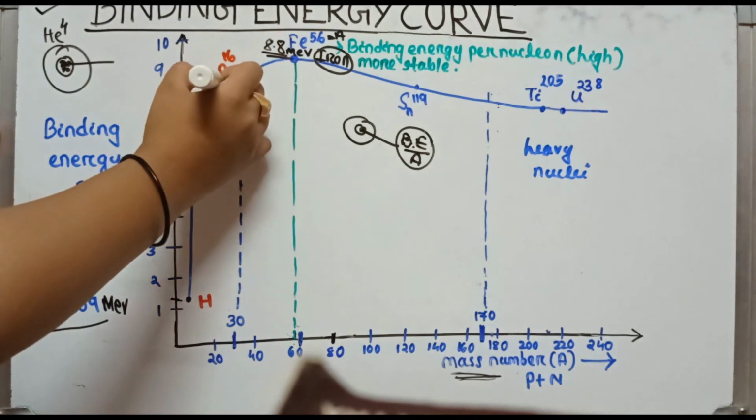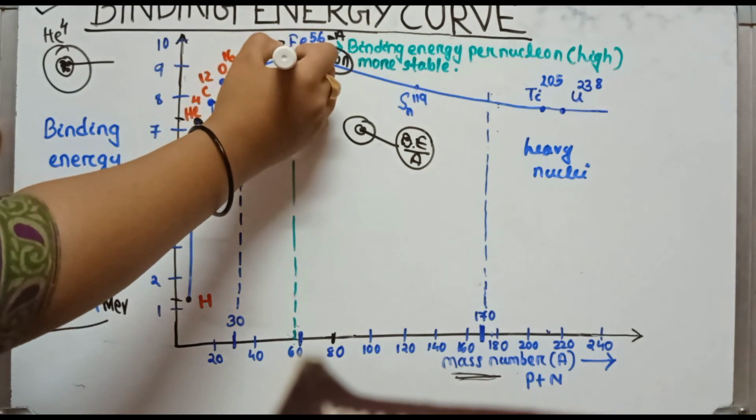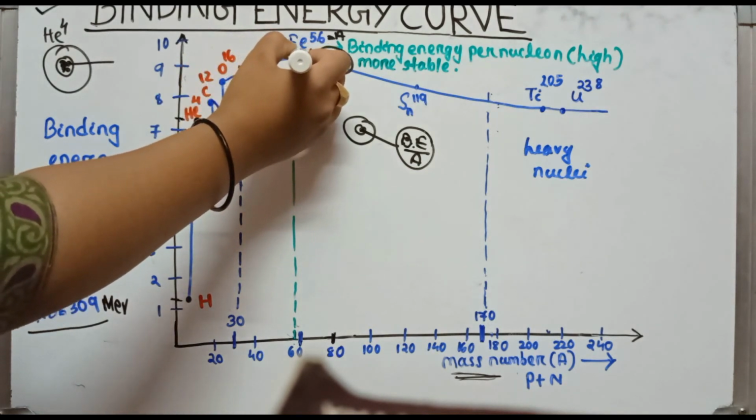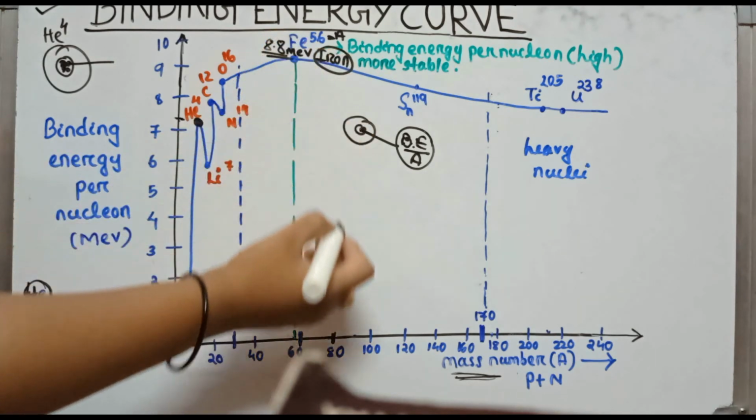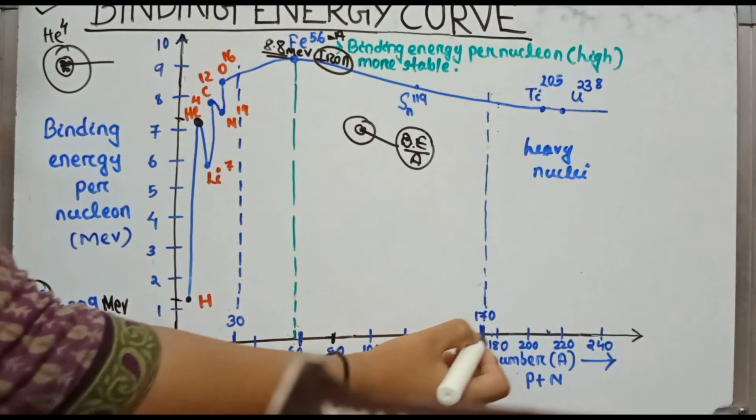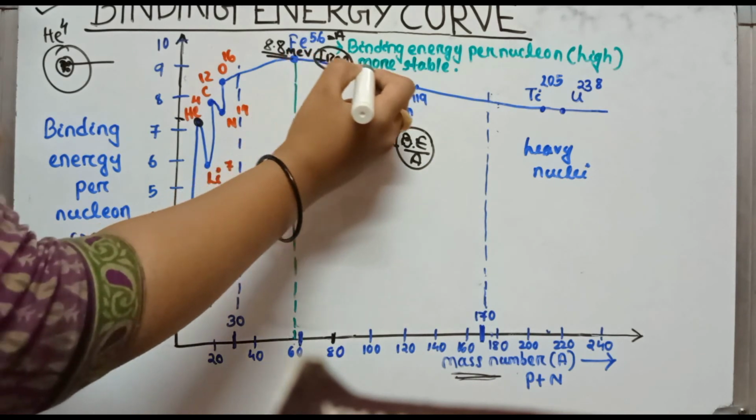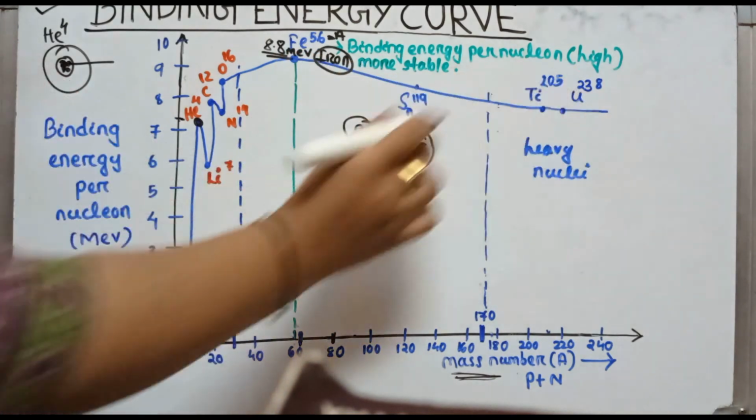Up to this much the graph gradually increases, and further as the mass number increases, the curve gradually slows down.